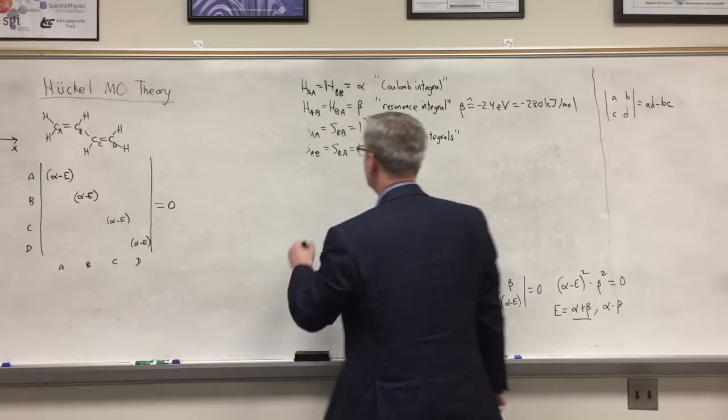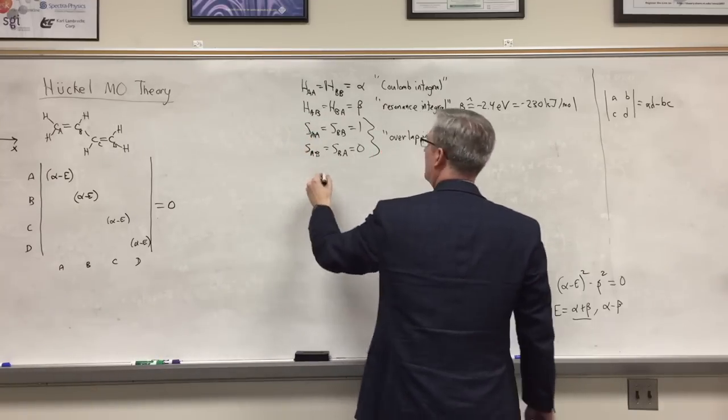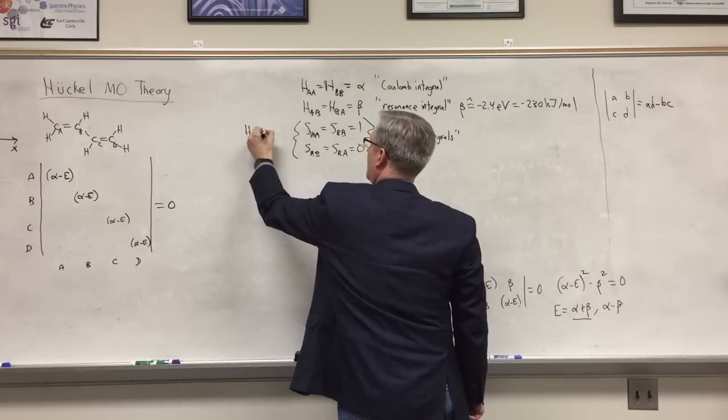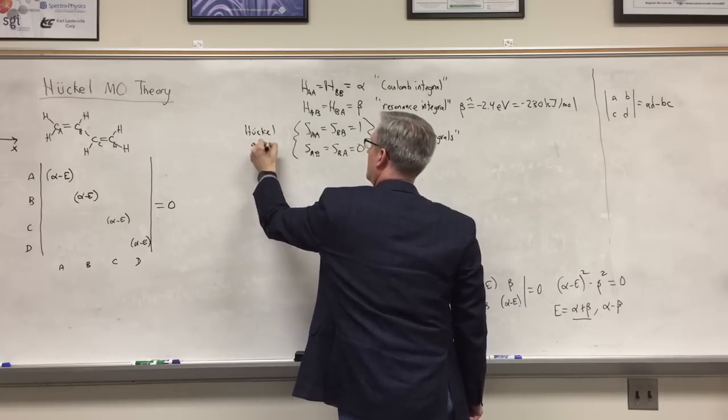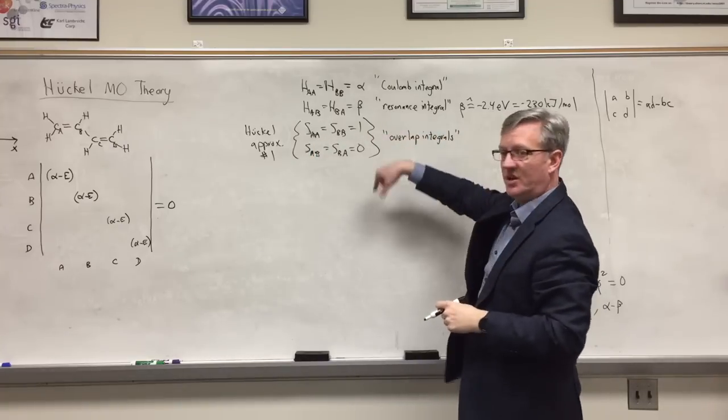So here comes Huckel Approximation number 2. This was Huckel Approximation number 1, that the overlaps are either 1s or 0s.